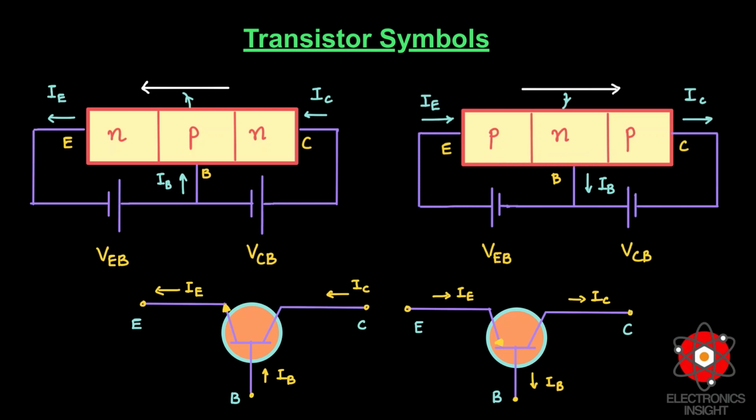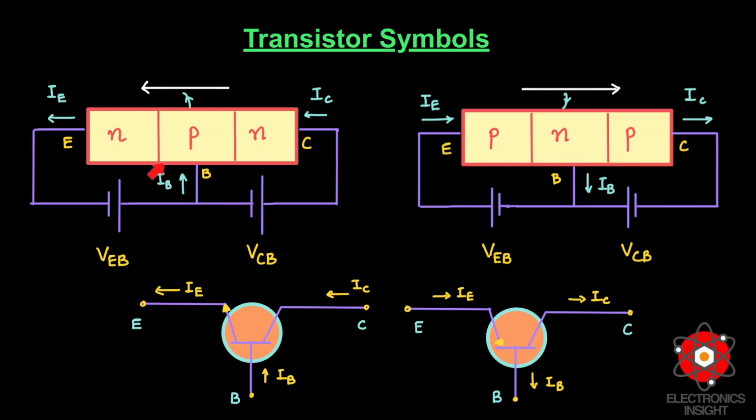An NPN transistor is composed of two N-type semiconductors separated by a thin section of the opposite type, P-type. A PNP transistor is formed by two P-type semiconductors separated by a thin section of N-type semiconductor. One important factor to be observed in either an NPN or PNP transistor is the formation of two PN junctions.